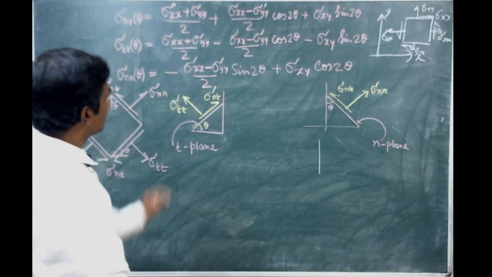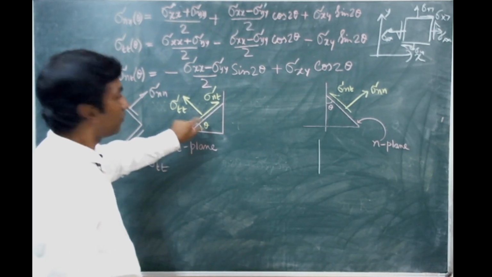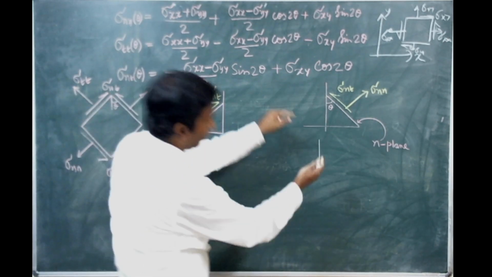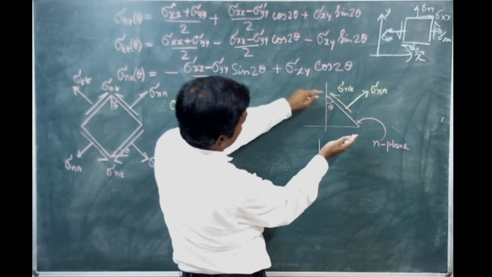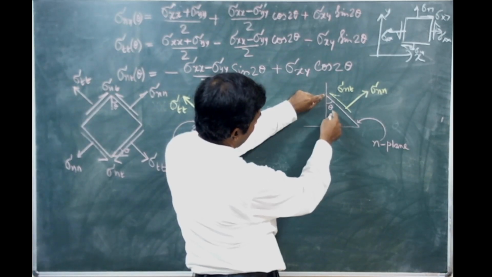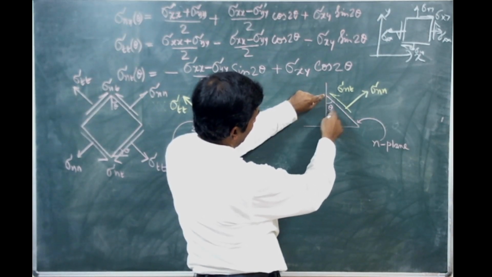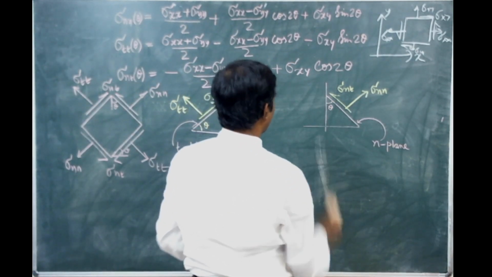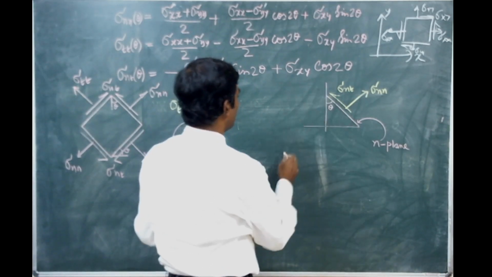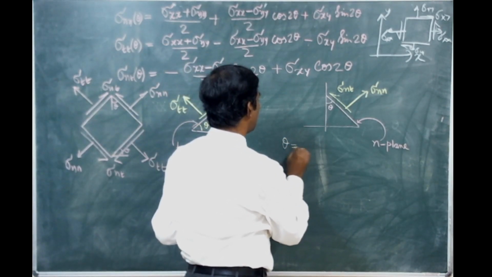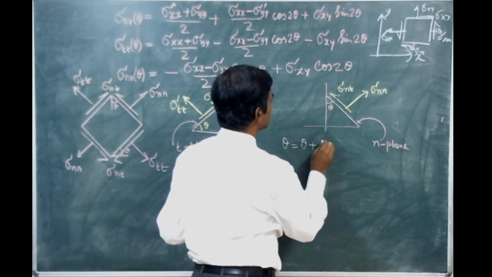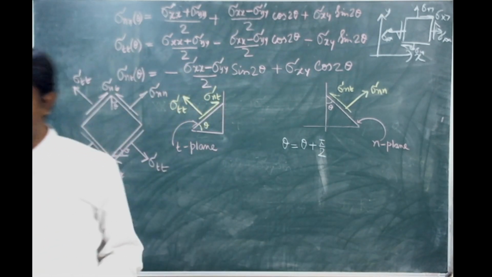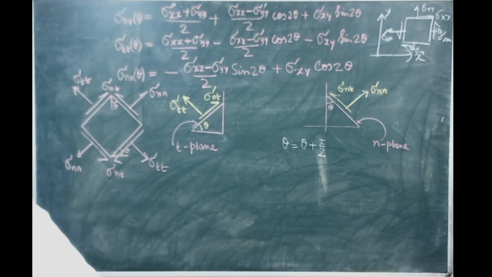Now let us keep this theta same for the t plane, and we just consider another block, initially oriented in a special way such that the n plane makes theta angle with that. Now we do one thing. We change this theta. We say theta equals theta plus pi by 2.